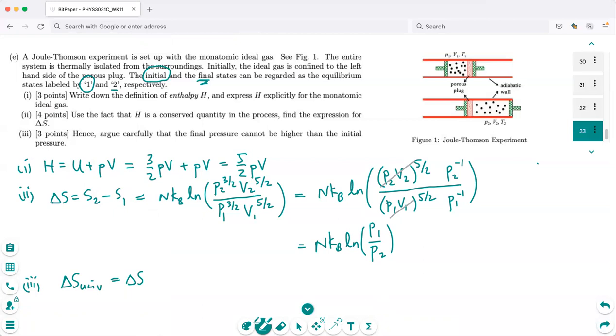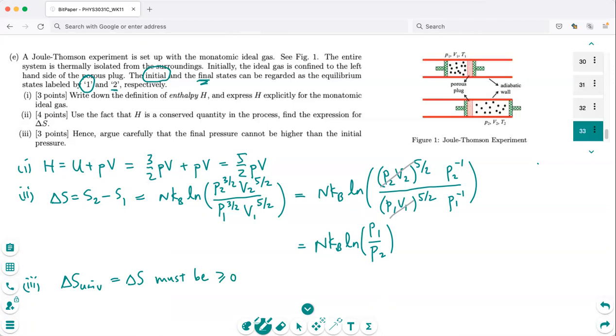Here, you are asked to show that the final pressure cannot be higher than the initial pressure. Just like the case of Joule expansion, you are asked to show the final volume has to be larger than the initial volume, and you cannot have the Joule compression. Okay, so this is the application of the second law again. So this change of the entropy must be greater or equal to 0.